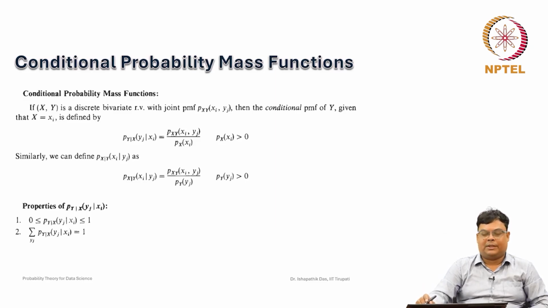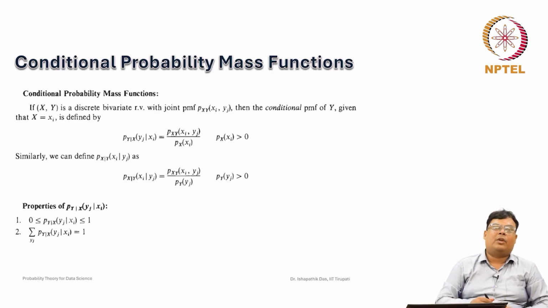conditional probability mass functions. We have already discussed the conditional probability of a given event. Here we will discuss something more general. Suppose there are 2 discrete random variables x and y, and the observation of one variable is given to us.